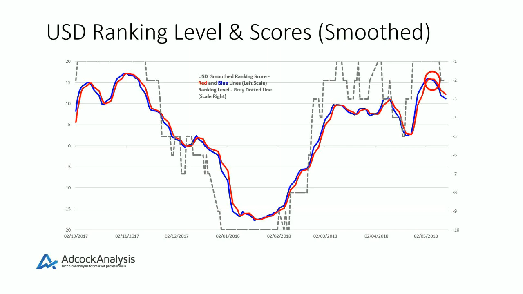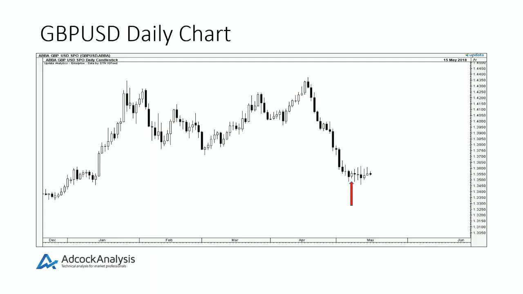phase of sterling underperformance. Switching back to the cable chart, but this time the red arrow reflecting May the 7th, we can see that when both US dollar and sterling smooth scores were declining, the cable entered into a consolidation period as a reaction to its recent downside.